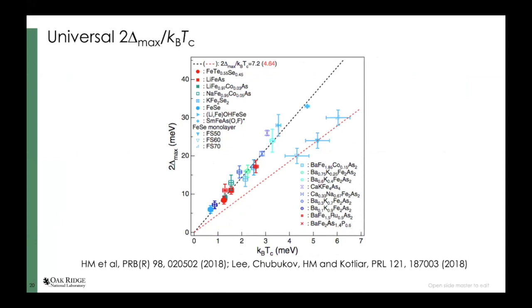I think it, of course, does not work because iron-based superconductor is a multi-band, multi-gap system. You can never find a simple way to scale everything together. But the meaningful number is probably the largest superconducting gap for the system. So that's why we're trying to make the plot. And interestingly, you do find for all the bulk materials, the 2 delta max over kBTC does follow a simple scaling relation.